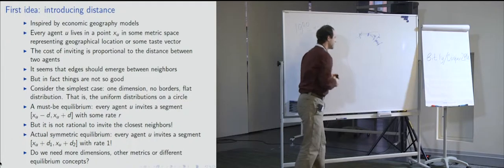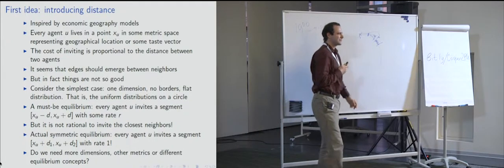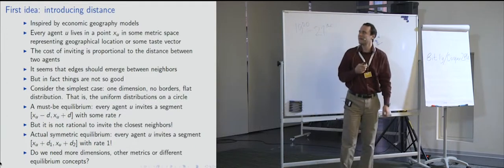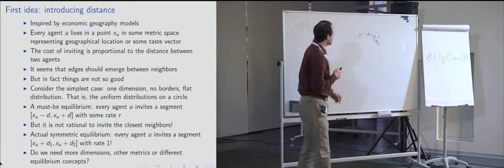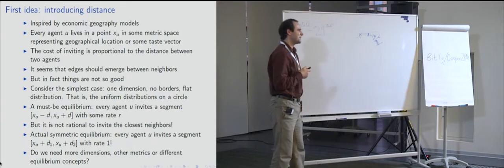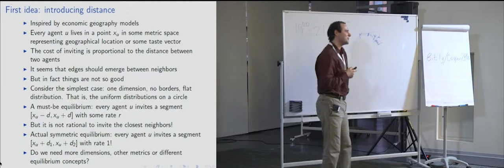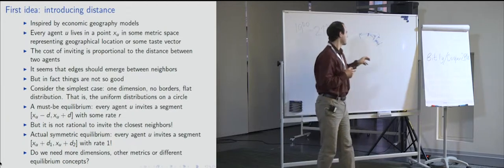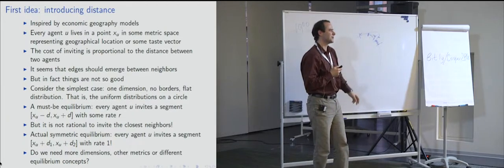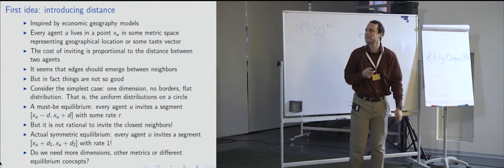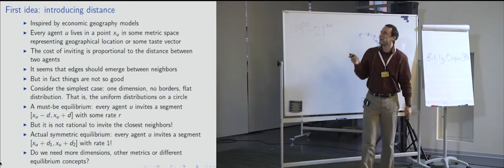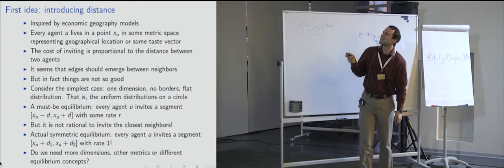So it seems that if in the simplest case we obtain such strange results, maybe we should not use literally this model. Maybe we should use another equilibrium concept or something like this. Okay, so this was our first idea.